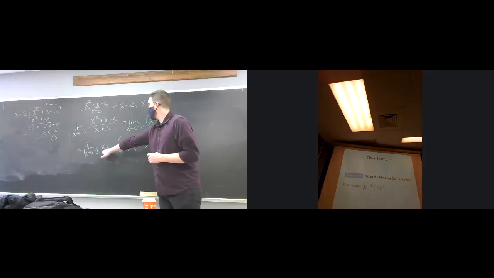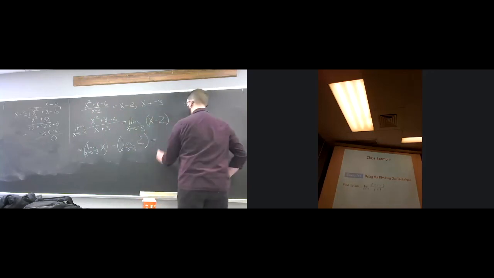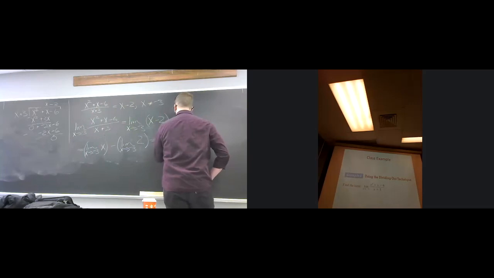Well, this is going to come out to be negative 3, and this is going to stay 2, right? So this is going to give us negative 3 minus 2, or just negative 5. Make sense?